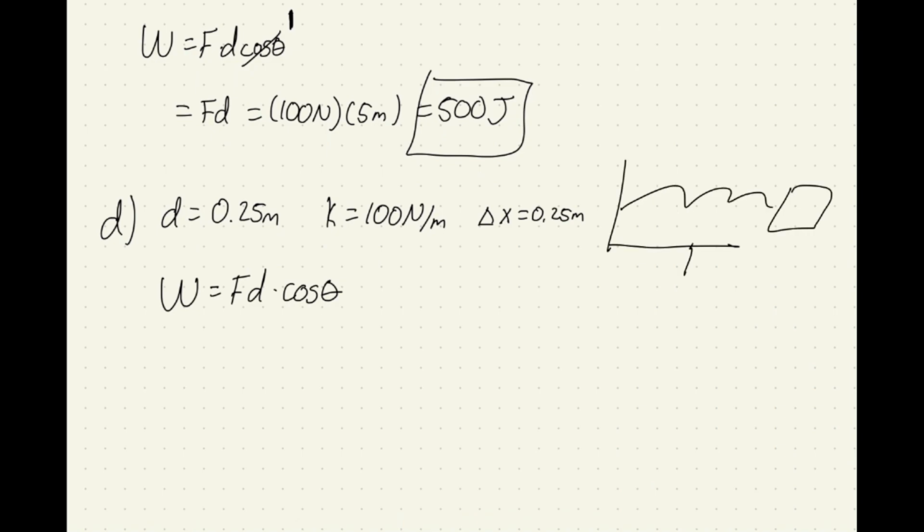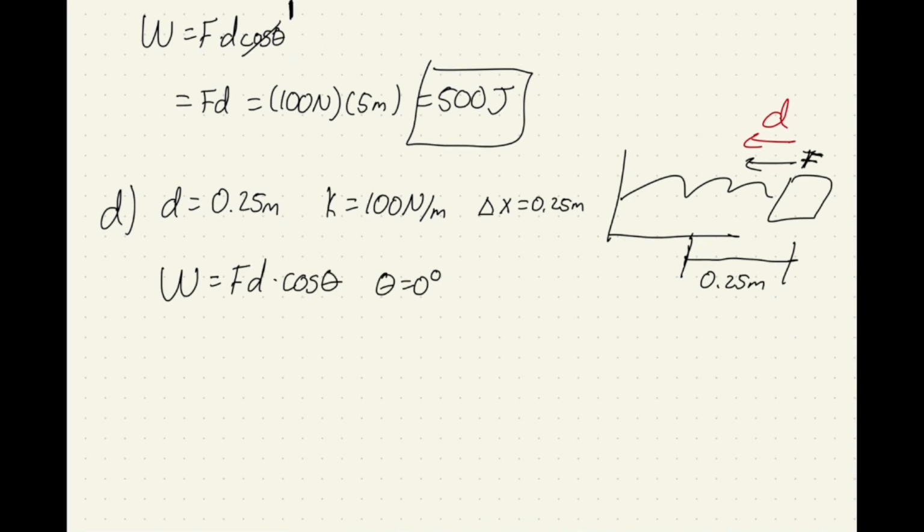The distance between the natural length of the spring and the final stretch length is 0.25 meters. When we let go of this mass, the displacement is going this way, and the spring force is pulling it that way as well. So the angle between these two vectors is 0. Theta is equal to 0 degrees, which means cosine of 0 degrees is 1.